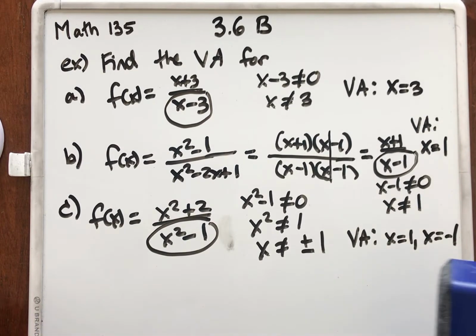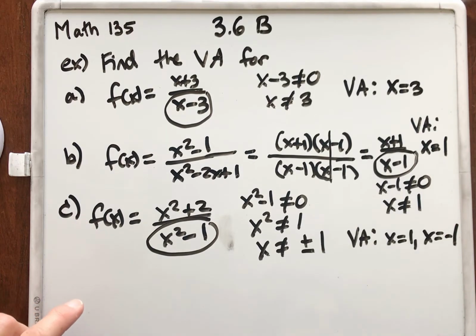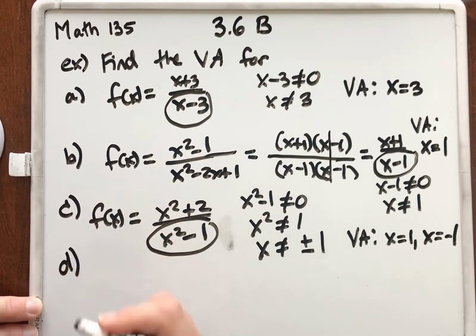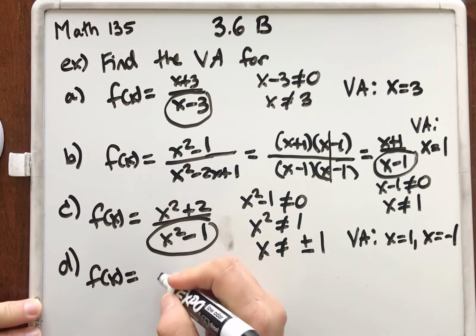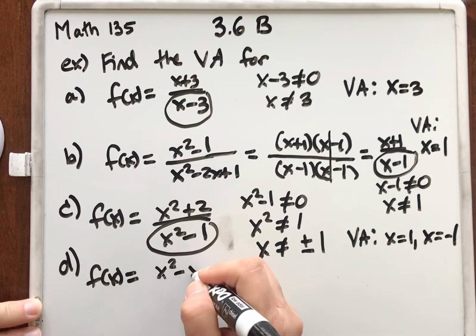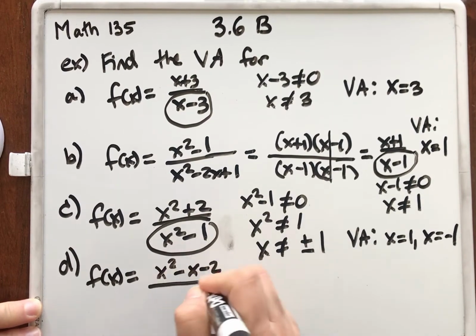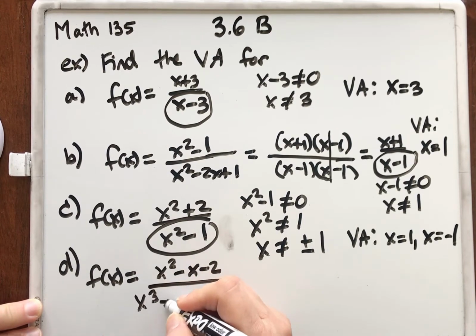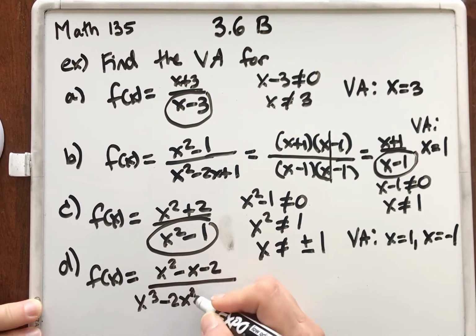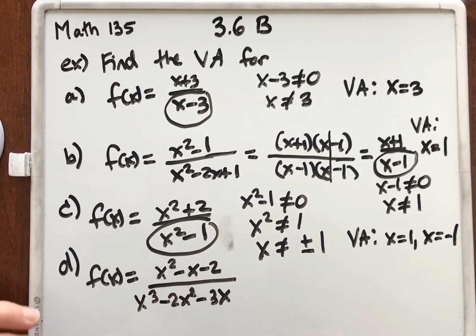Okay, one more question. I'm not sure we have enough room for this. I'll try to write smaller. Okay, here we have f of x equals x squared minus x minus 2 in the numerator. And in the denominator, we have x cubed minus 2x squared minus 3x.